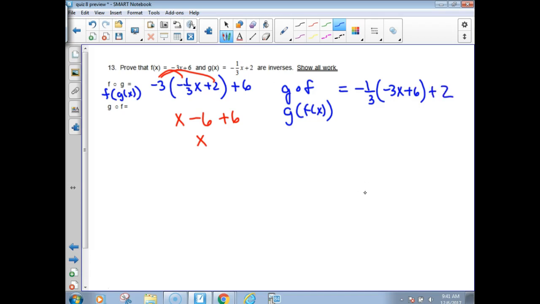So now I'm going to distribute the negative 1/3. That gives me x. Negative 1/3 times 6 is negative 2. Negative 2 plus 2 is 0, so we get x. You have to show all of what I wrote in order to get credit for showing that they are inverses of one another.